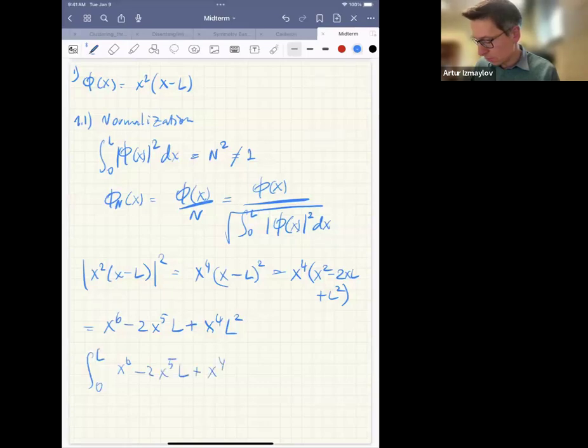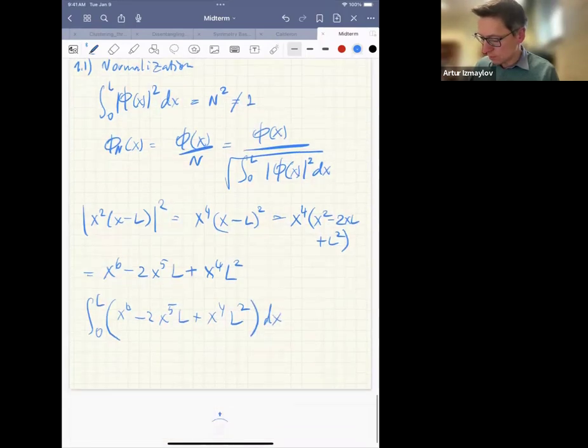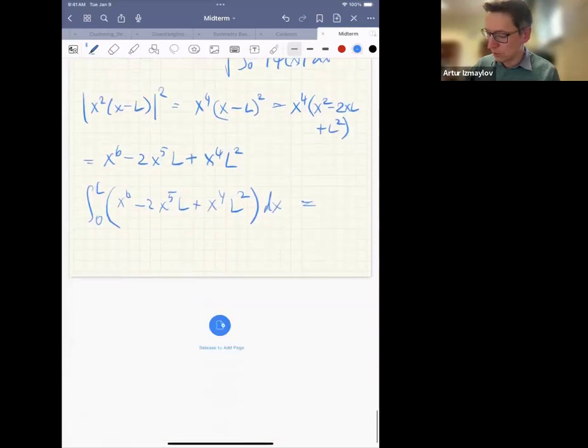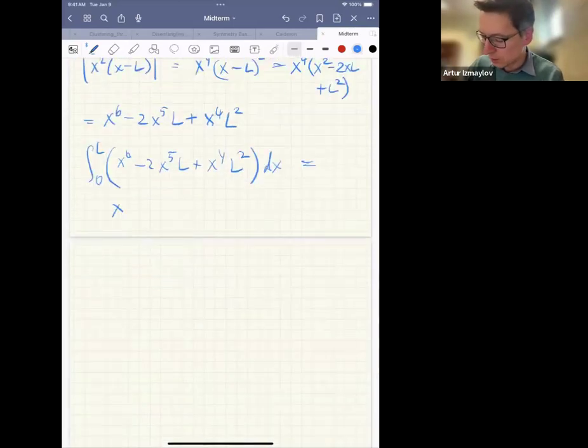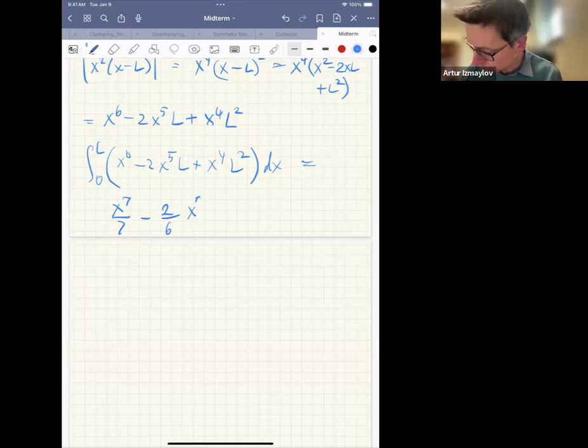That's the function which we now need to integrate between 0 and L, dx. You all know how to integrate a polynomial. That becomes x to the 7 divided by 7, minus 2 divided by 6 x to the 6 L, plus x to the 5 divided by 5 L squared.